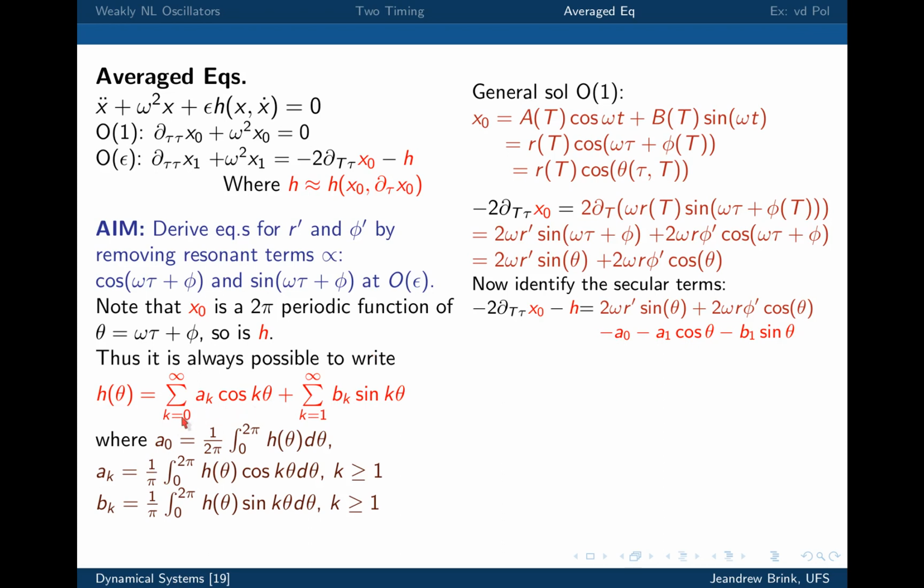When k is equal to 1, I have a1 cos theta and b1 sine theta. And then I have the rest of the function. Okay. And the thing is, when we want to identify the secular terms, we're only worried about the things that have the same frequency as the oscillator. So we're only worried by these terms, okay, and to make them vanish, we basically want to set the total coefficient of cos to 0, and the total coefficient of sine to 0.